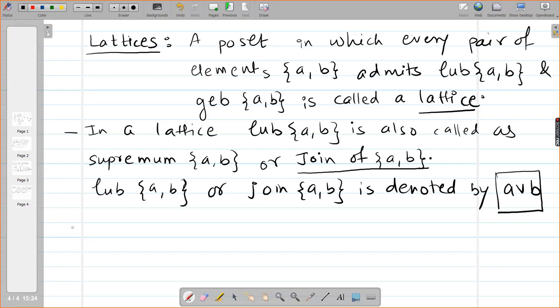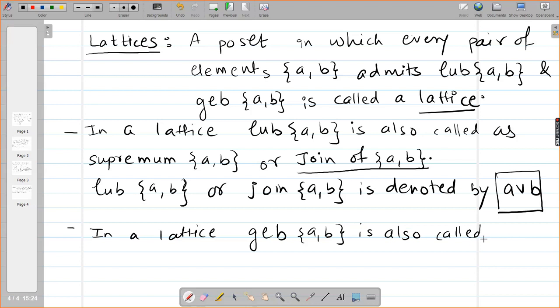Similarly, we have GLB in a lattice. GLB of A, B is also called infimum of A, B, or we are going to term it as meet of A, B.